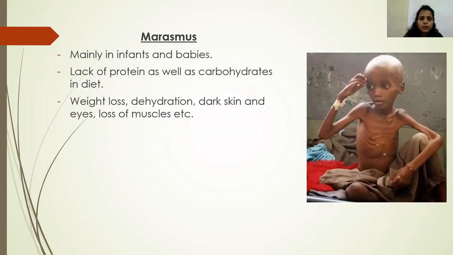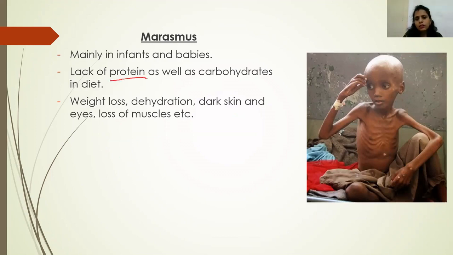Next is Marasmus. Marasmus occurs mainly in infants and babies, that is, 1 to 2 years old. In Marasmus the kid lacks protein as well as carbohydrates in the diet.